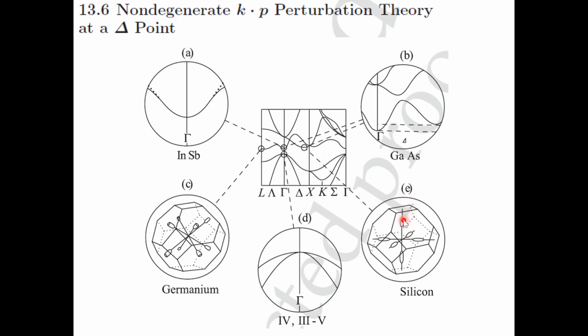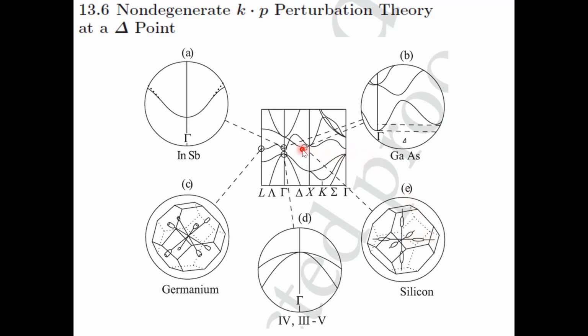So one can see also these ellipsoids. Let me explain what those ellipsoids are. They represent what we call, in this case, electron pockets. These represent constant energy surfaces.